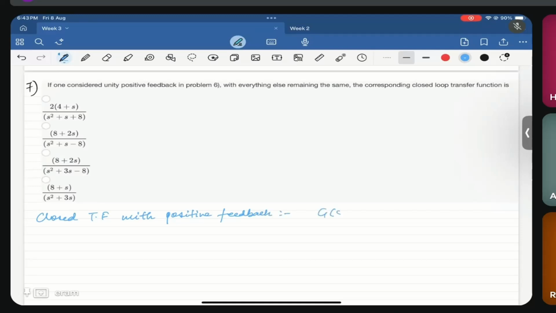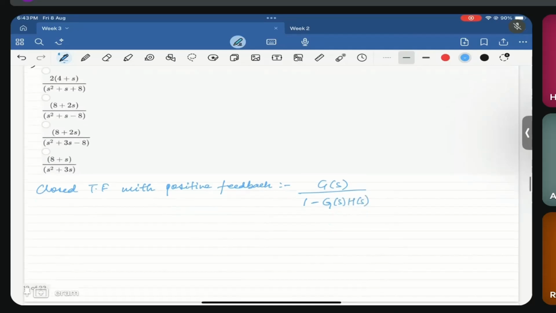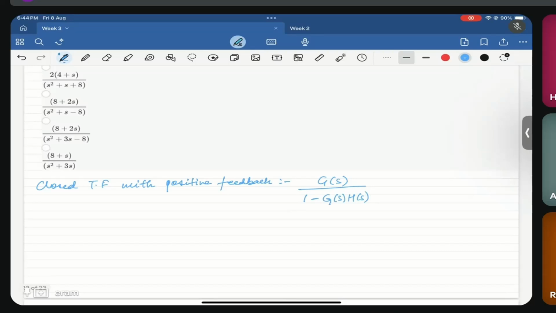It is G(s) divided by 1 plus G(s) into H(s)? No, 1 plus G(s) into H(s) is in the case of negative feedback. We have positive feedback, so there we will have a minus sign: G(s) divided by 1 minus G(s) into H(s).